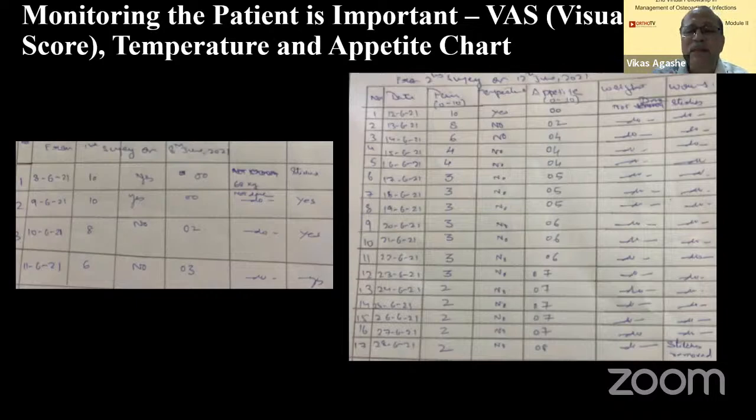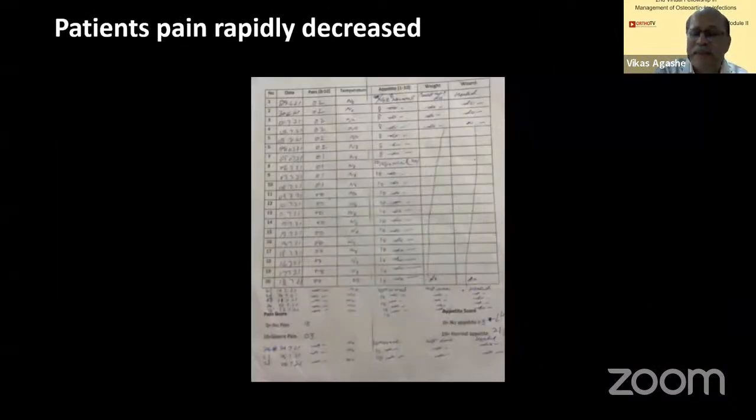So here you can see on 12/6/21, patient's VAS score was 10, and it dropped down, that is the number of days, by 17th day, it had gone down to 2. So patient helps you to monitor well. Next, please. The same thing is used for patients of osteoarticular tuberculosis, and weight gain helps you a lot in finding out whether patient is improving or not improving. Next, please.